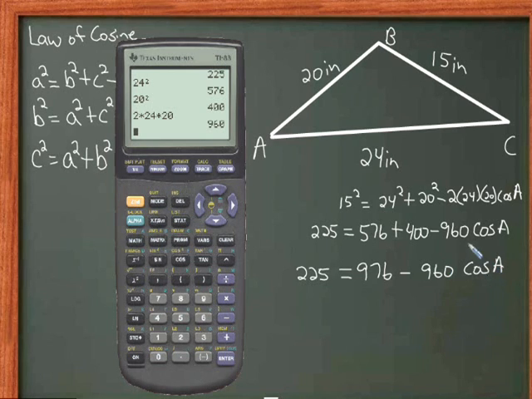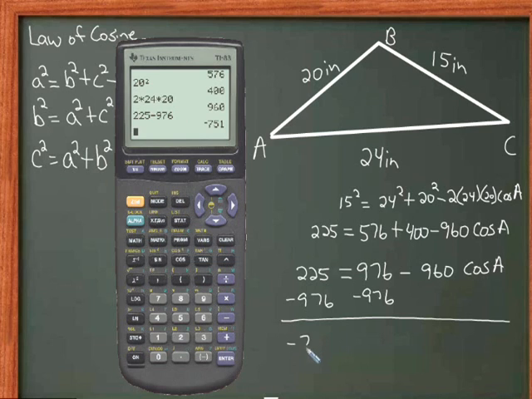And then we solve for cosine of A. We subtract 976 from both sides. So 225 minus 976 is negative 751.